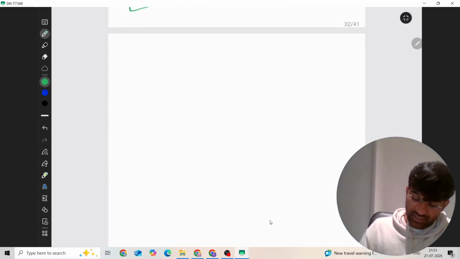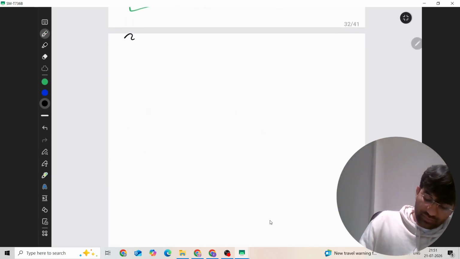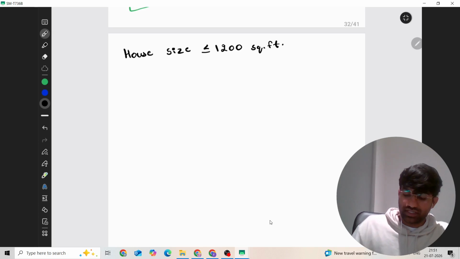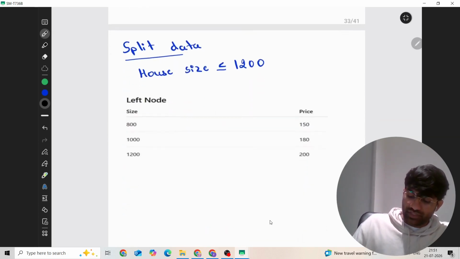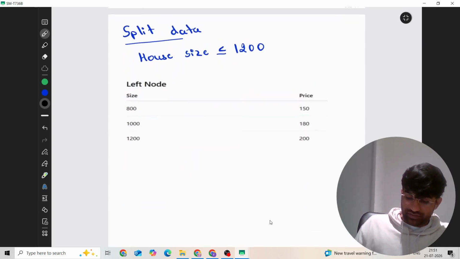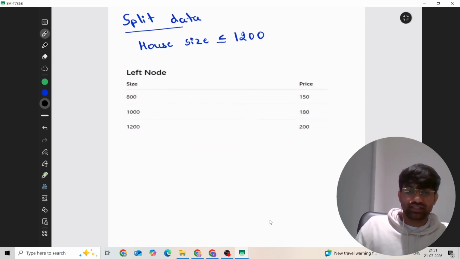Okay, so now we will make a split. I'm just selecting randomly. Now we will split the data using the feature house size, where house size is less than or equal to 1200 square feet. Based on this, I will split the data. If I split the data, we get 3 records in the left node, where house size is less than or equal to 1200 square feet.